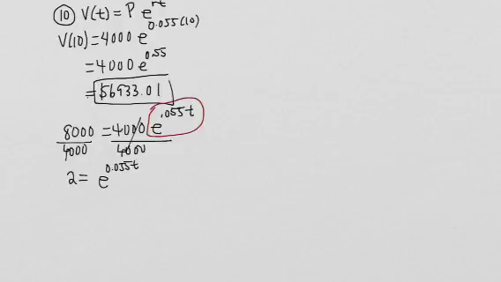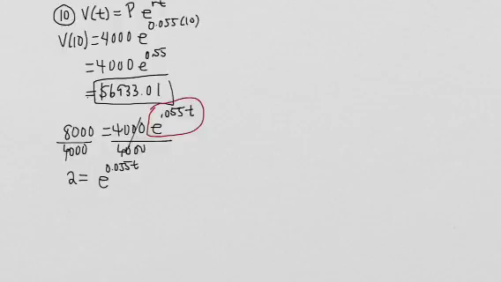Unless you can do guess and check, and just plug in different values for t. Since 10 years gave you 6,900 and you want to get to 8,000, you could start from 10 and move up, right? But that's a valid method, but it's not very effective. So we're going to use what we learned about logs to solve this equation.